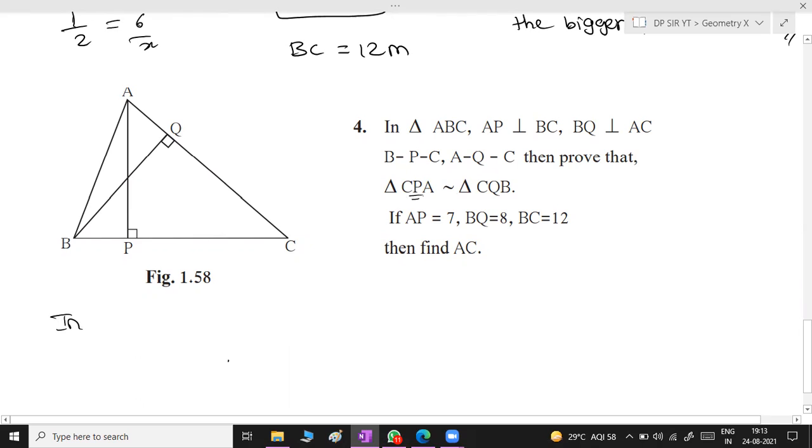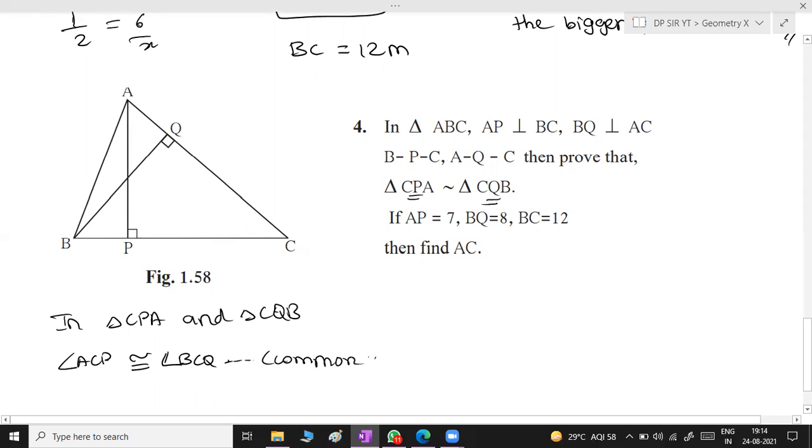So we need to prove triangle CPA and CQB similar. So in triangle CPA and triangle CQB, if you look carefully, there is going to be a common angle. जो मुझे पहले दिख रहा है मैं वो लिख रहा हूँ, that in triangle CPA and CQB, angle ACP is congruent to angle BCQ, since it is the common angle between both the triangles.